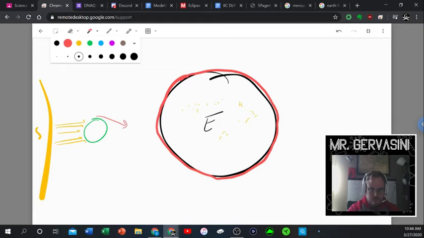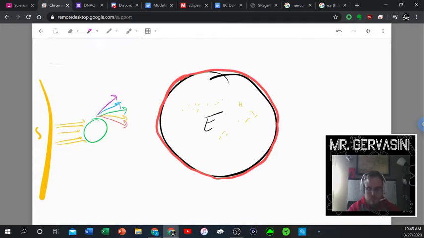Red, orange, yellow, green, blue, purple, right? It's going to make Roy G. Biv. It's going to make a rainbow. It's going to refract in the Earth's atmosphere.